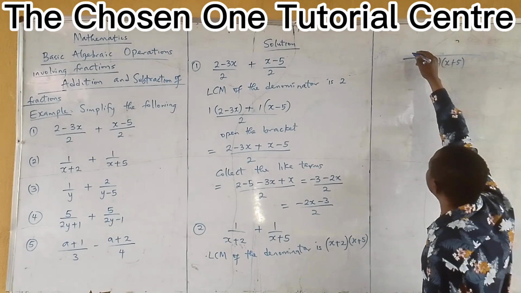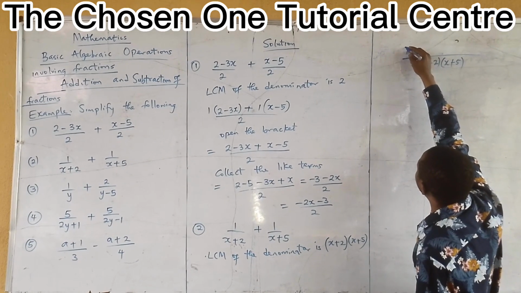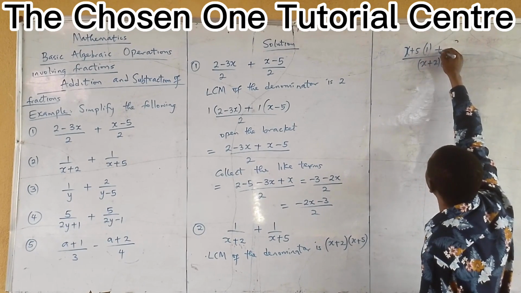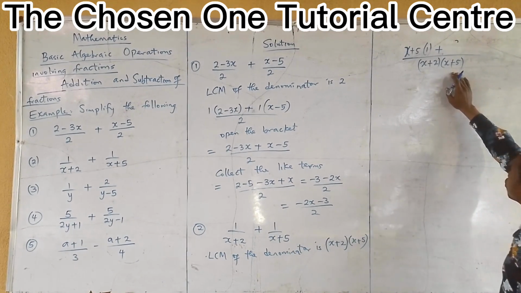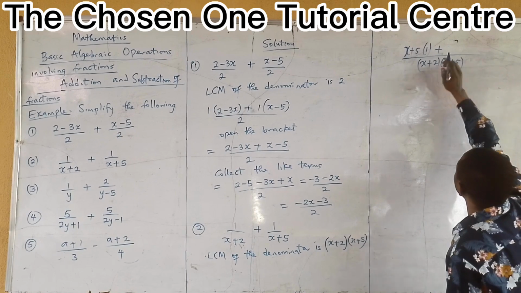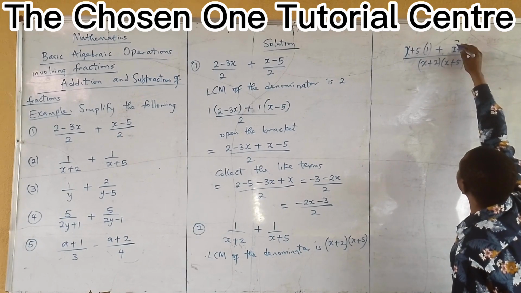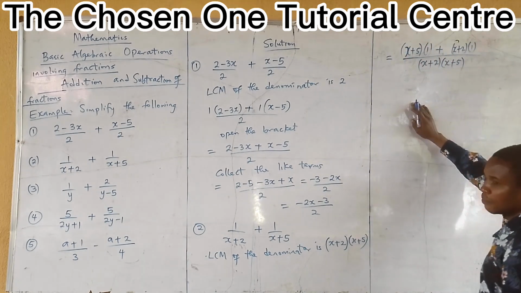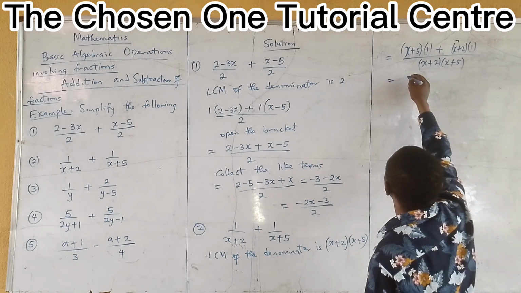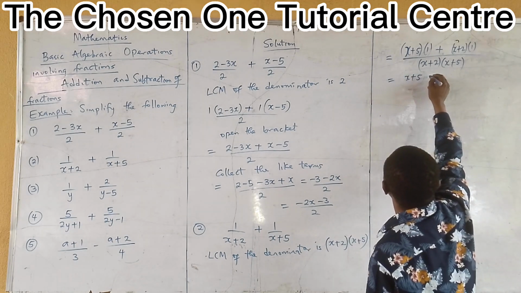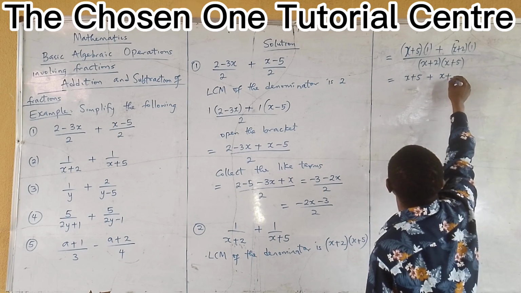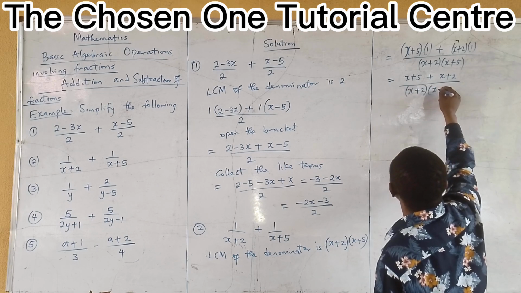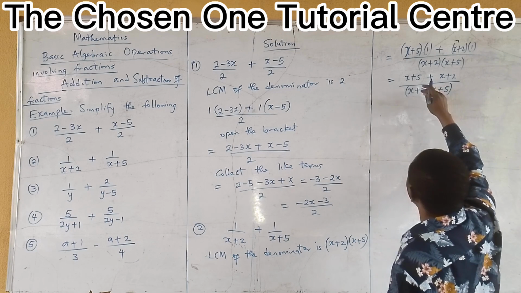So we are going to have 1 in bracket of x plus 5, plus x plus 5 here, so it's going to remain x plus 2. So we are going to have x plus 2 in bracket of 1. By the time you open the brackets, you are going to have x plus 5 plus x plus 2 over (x plus 2)(x plus 5).